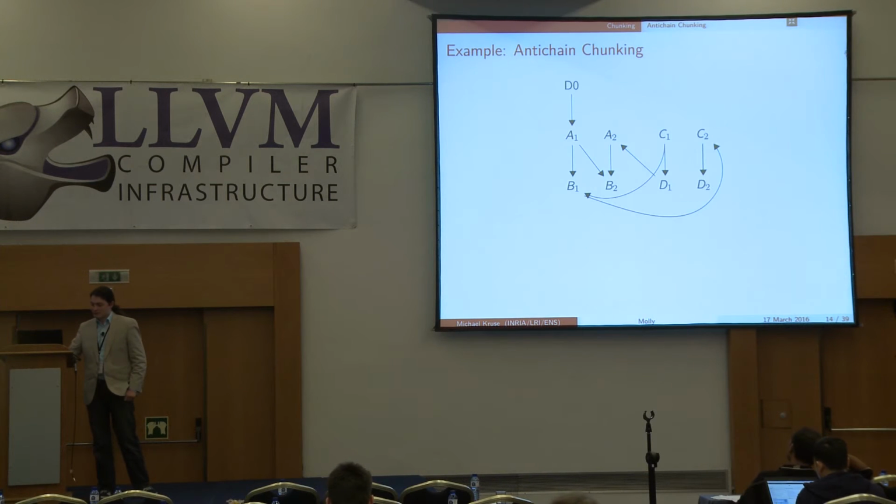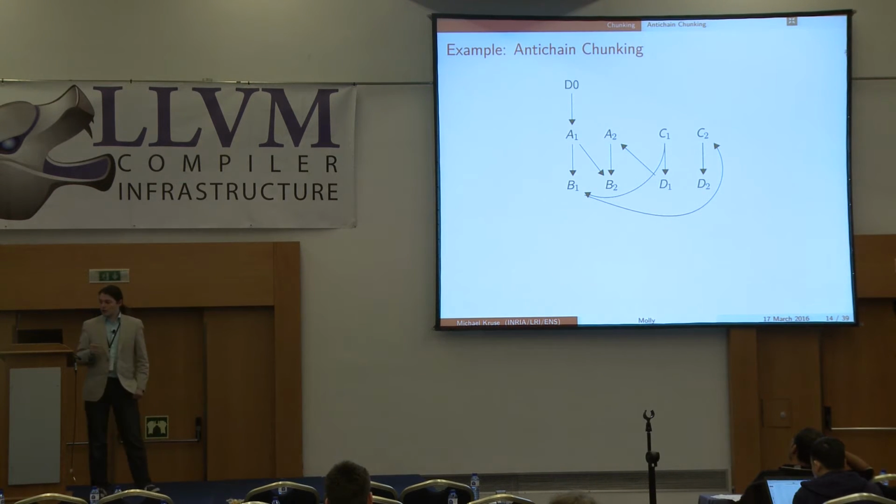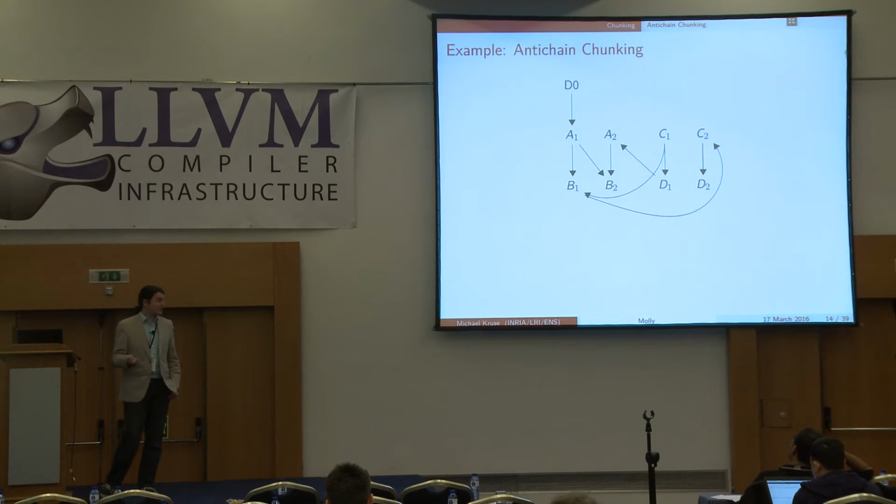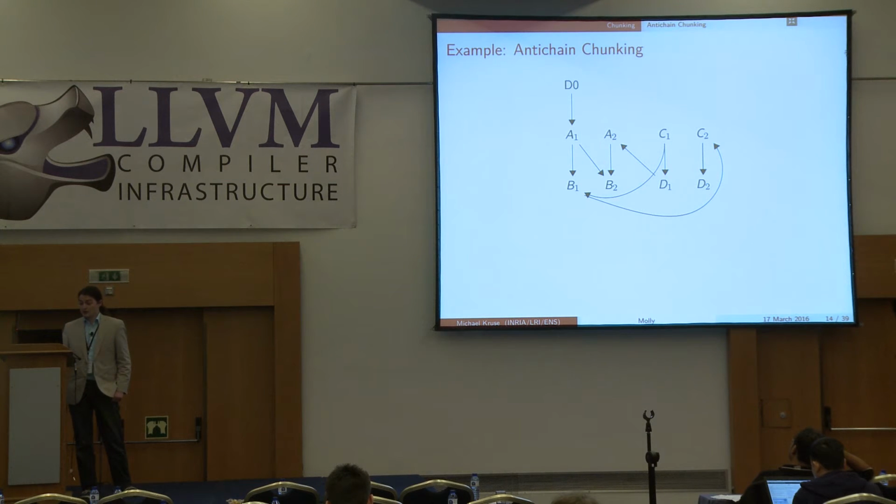I will illustrate this on an example. We have some complicated program with some data flows. From this view it is not really obvious how to transfer the data between the executions.